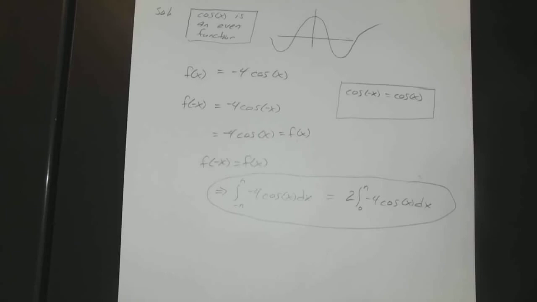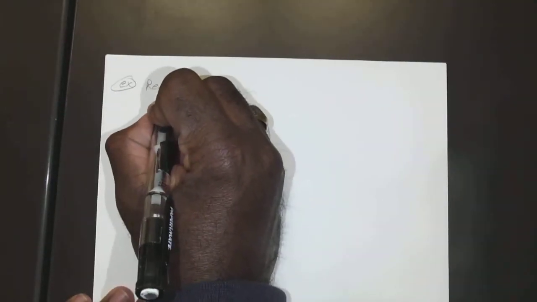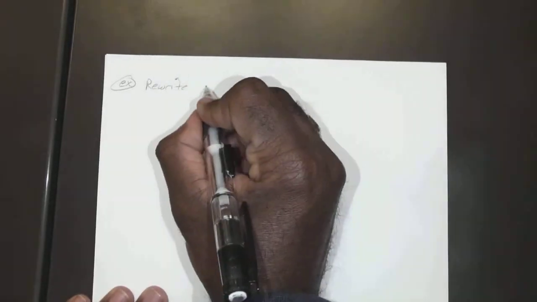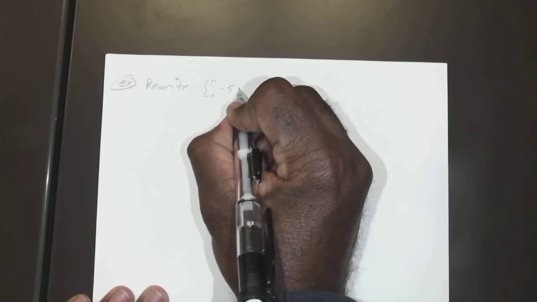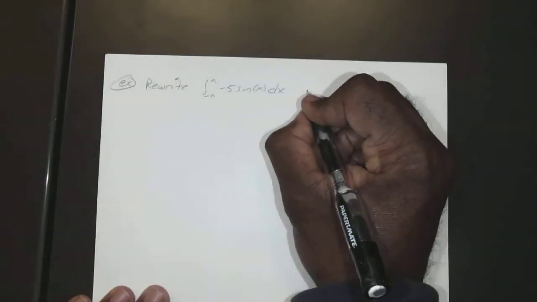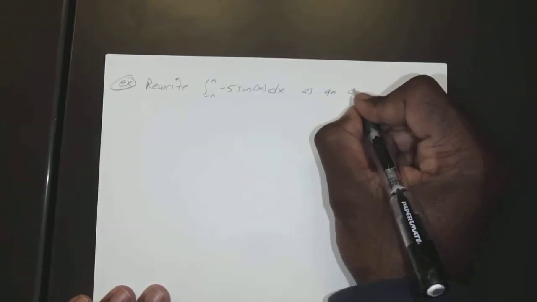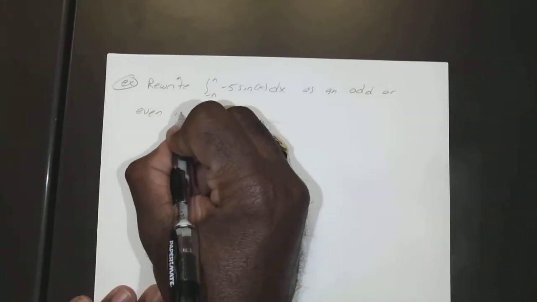All right, we're still writing. Okay, so if we do one for sine, say we wanted to rewrite the integral from -n to n of -5 sine of x as an odd or even integral.